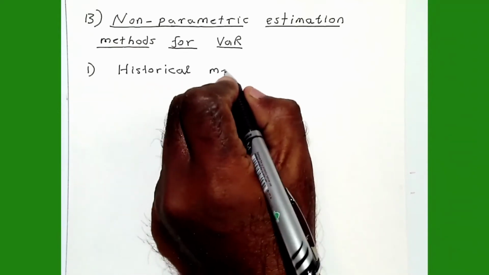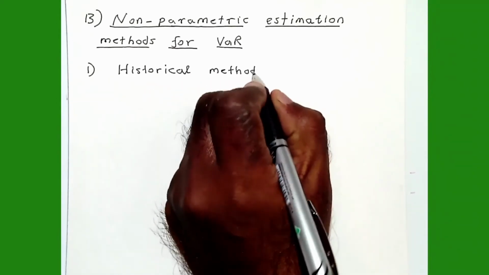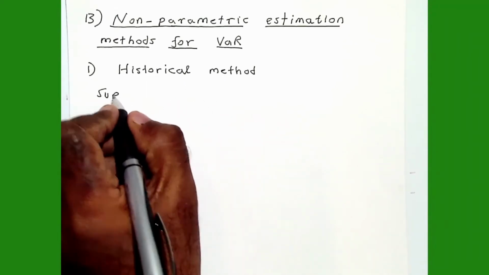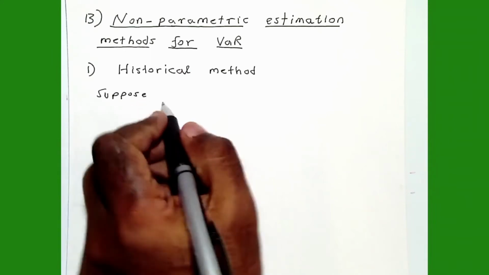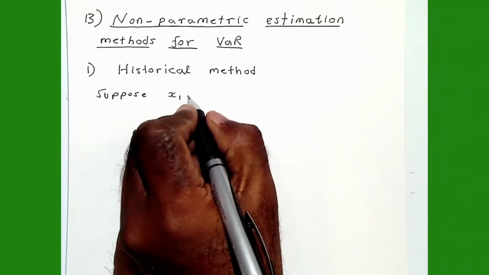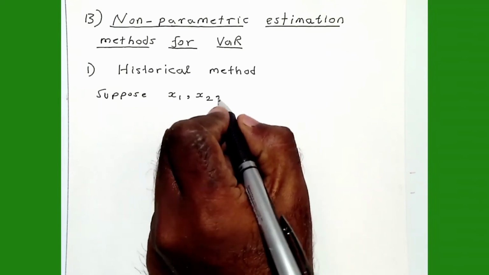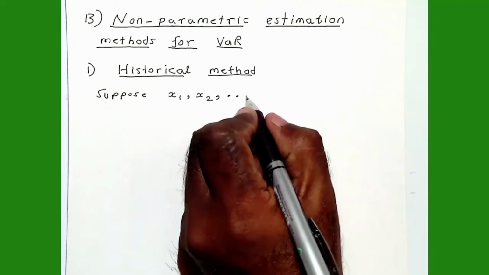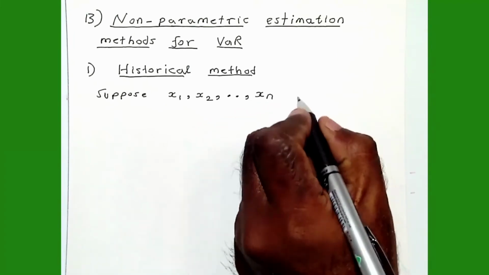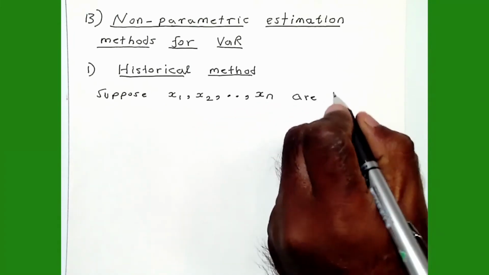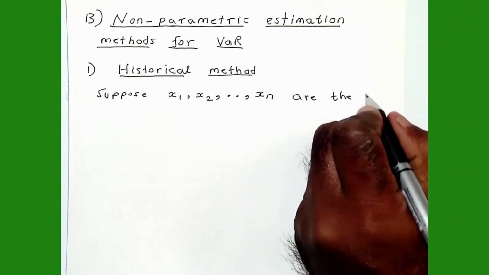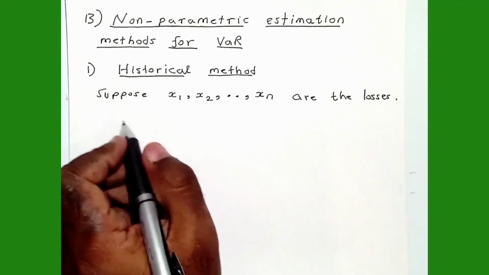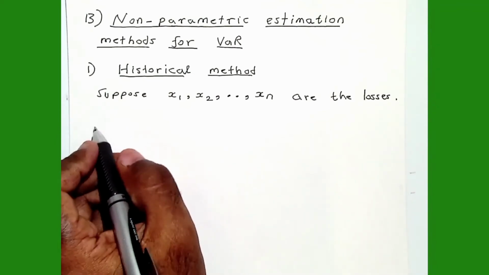It's called the historical method. All right. Now suppose these are the losses, and we want to estimate VaR.